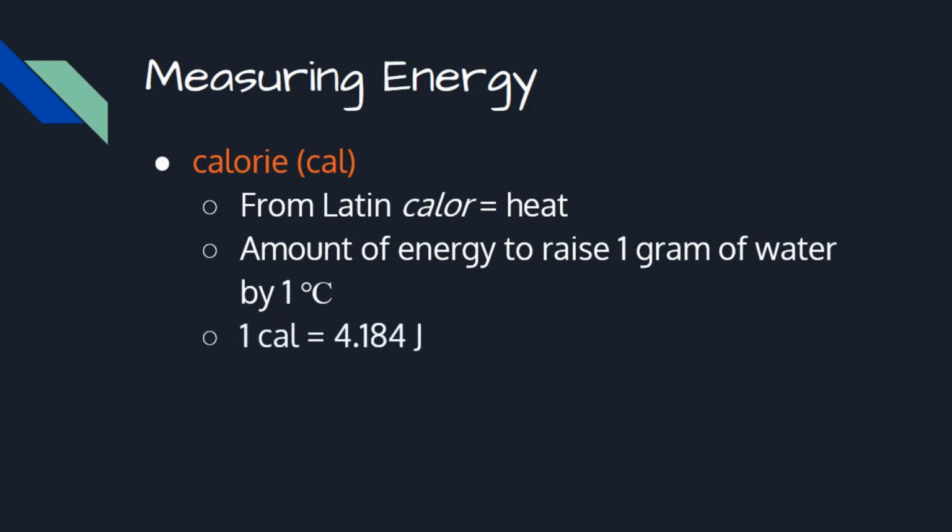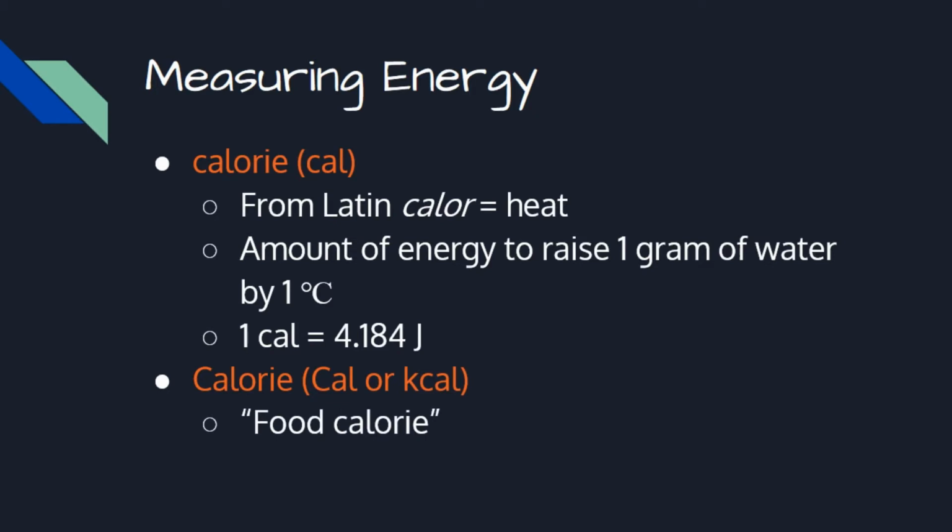Turns out that 1 calorie is 4.184 joules. You don't need to remember that. If you ever need to convert from one to the other, I'll make sure you get that information. Now, the calorie that you are probably familiar with is a capital C calorie. It's what we call the food calorie. It's actually a kilocalorie. It's 1,000 calories.